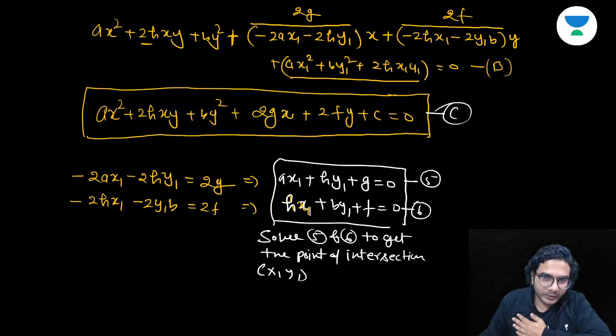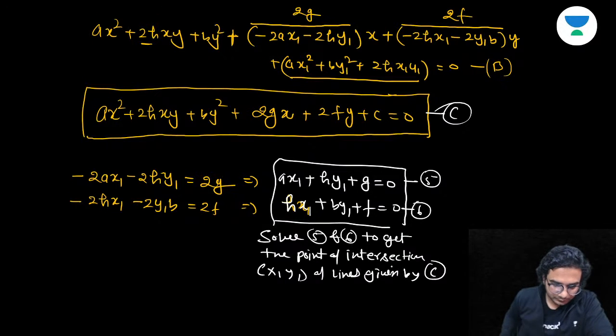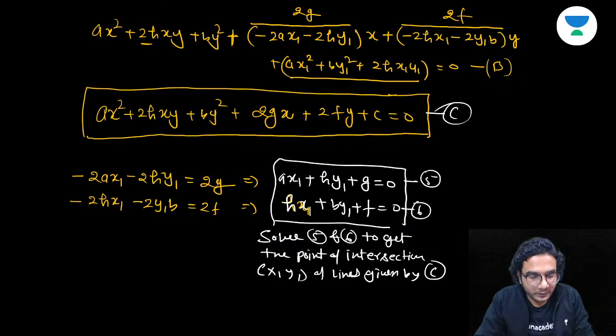We know that because we have shifted the original equation to x1, y1 with respect to the origin. So this is the point of intersection of the lines given by C. That is a very beautiful theory.